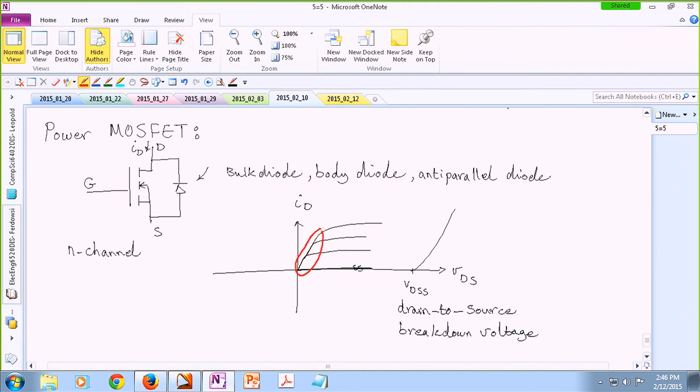Okay, and it behaves like a little bit of a resistor basically. So the more the current, the more the voltage drop is. But this resistor is very small. This is an exaggeration here. The resistor is in the order of milliohms, like 10 milliohms, 100 milliohms, depending on the voltage level of your component.